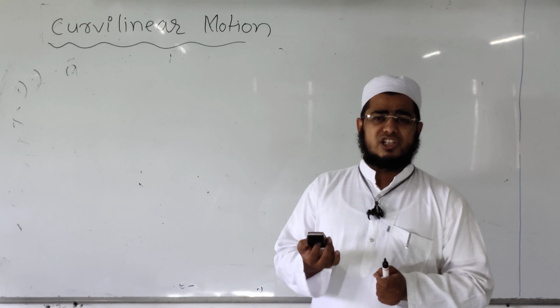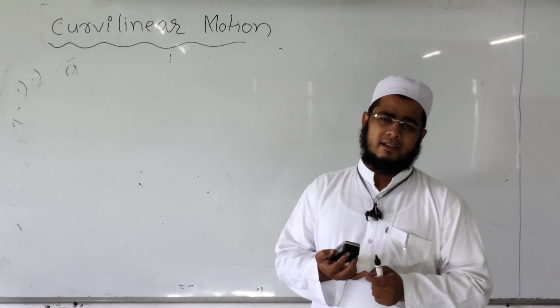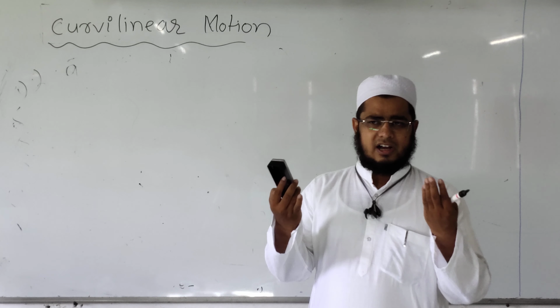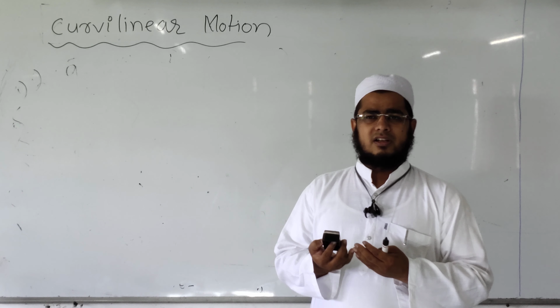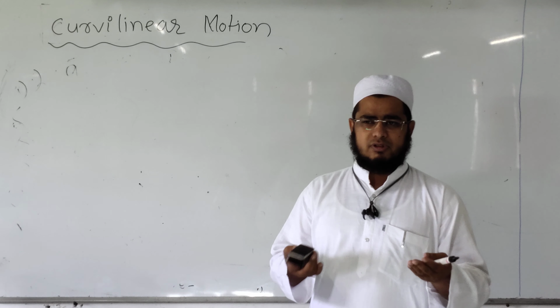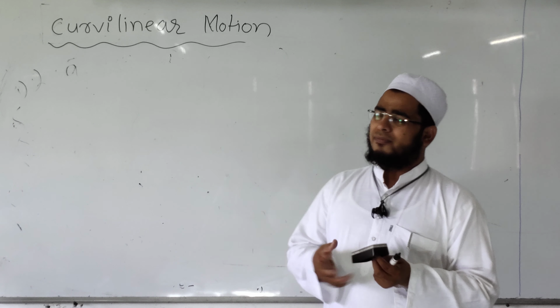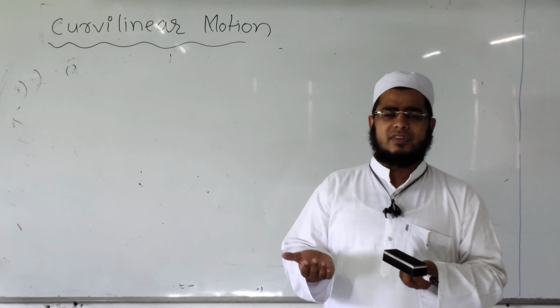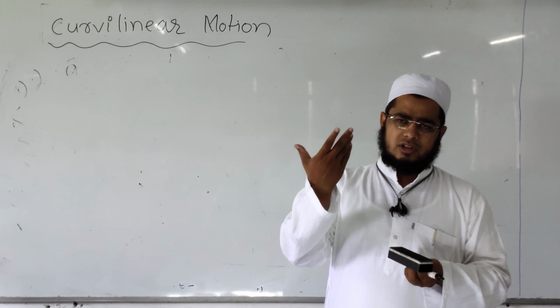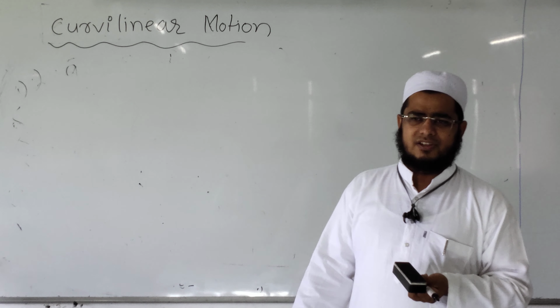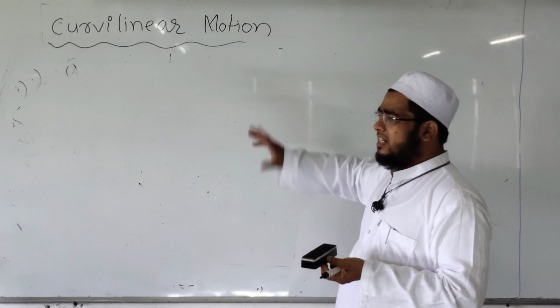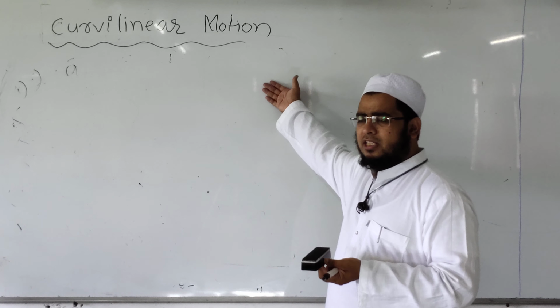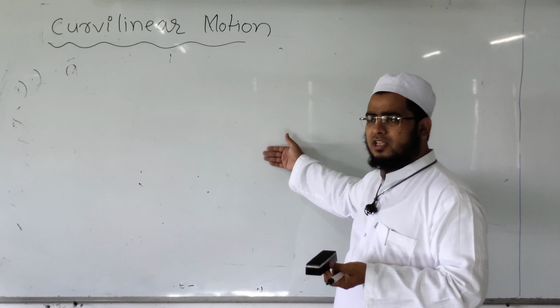the derivative of the displacement equation. Then after the differentiation, I will get the equation of velocity. From that equation of velocity, if I again take the differentiation, it will give you the equation of acceleration. These are the connections. If displacement is given, differentiate it, you will get velocity.